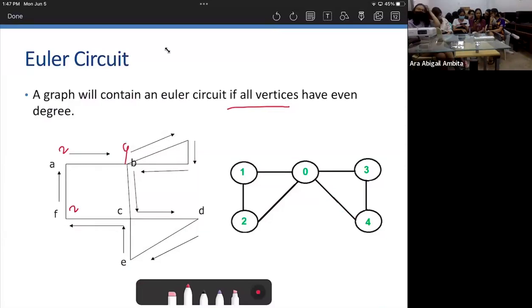Then for C, it is 4. And then for E, 2. D is 2. Okay, and then this one. And here, we have 2, 2, circuit.